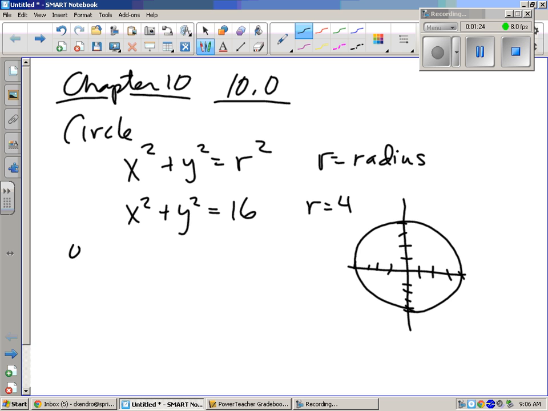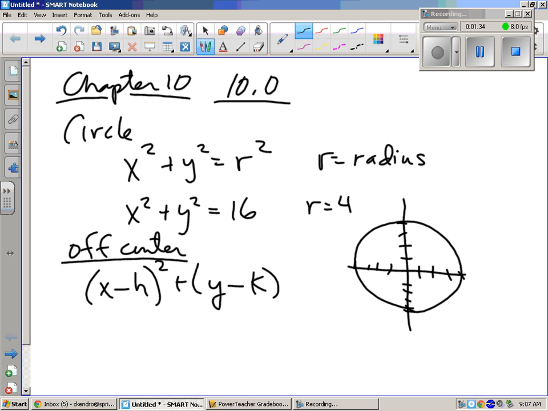If it's off-center, it changes a little bit. The x gets moved over by an h value, and the y gets moved over by a k value. But otherwise, it's the same for everything else. So the h and k actually becomes your center instead of 0, 0.